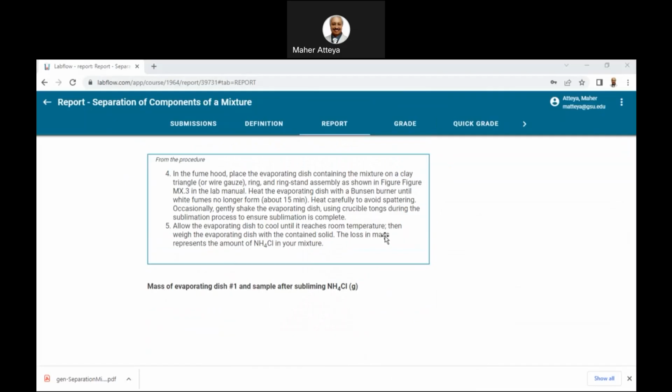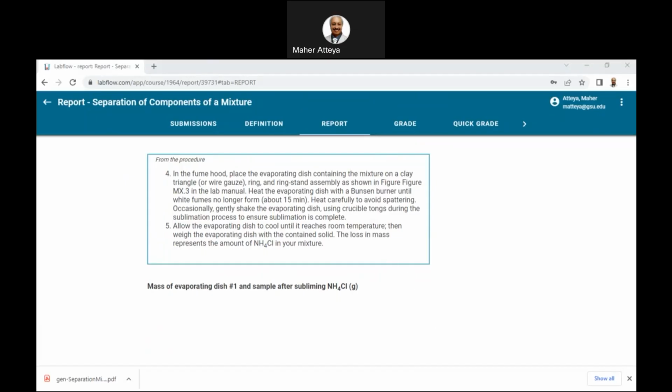Okay, paste. The mass is reduced due to sublimation of ammonium chloride.